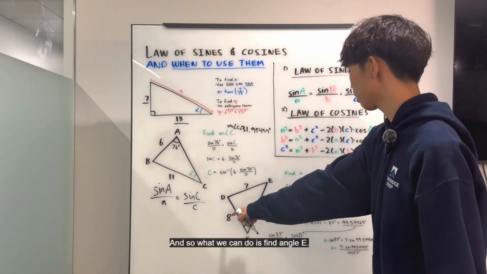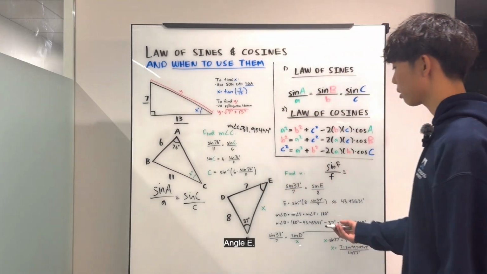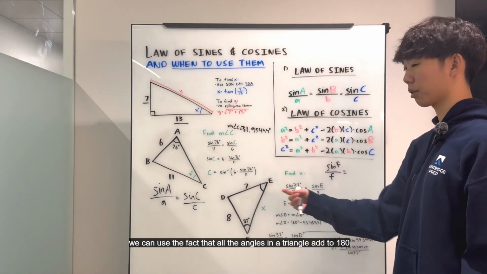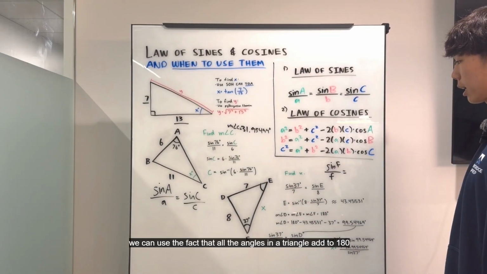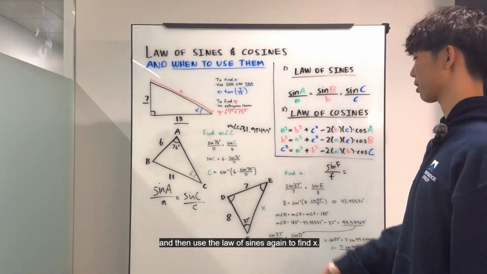What we can do is find angle E, then use the fact that all the angles in a triangle add to 180 to find angle D, and then use the law of sines again to find x.